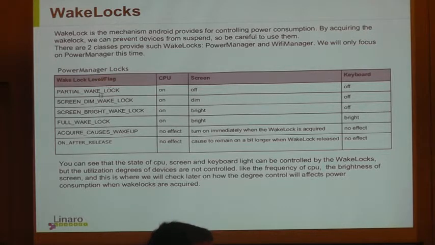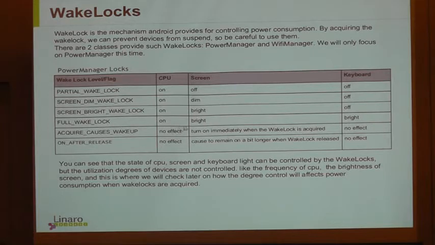Here are the wake locks provided by the power manager. From these wake locks, we can see that only the state of the CPU or the state of the screen are controlled by them.